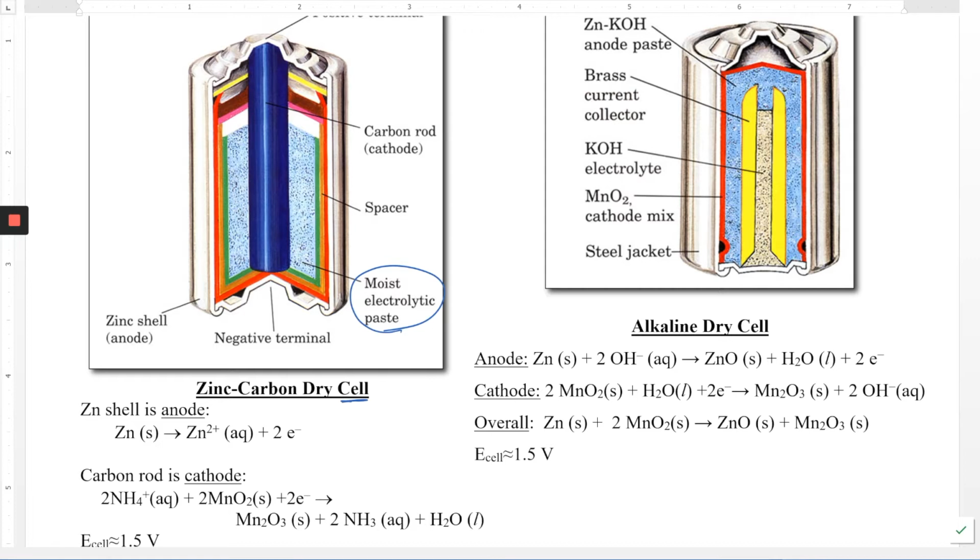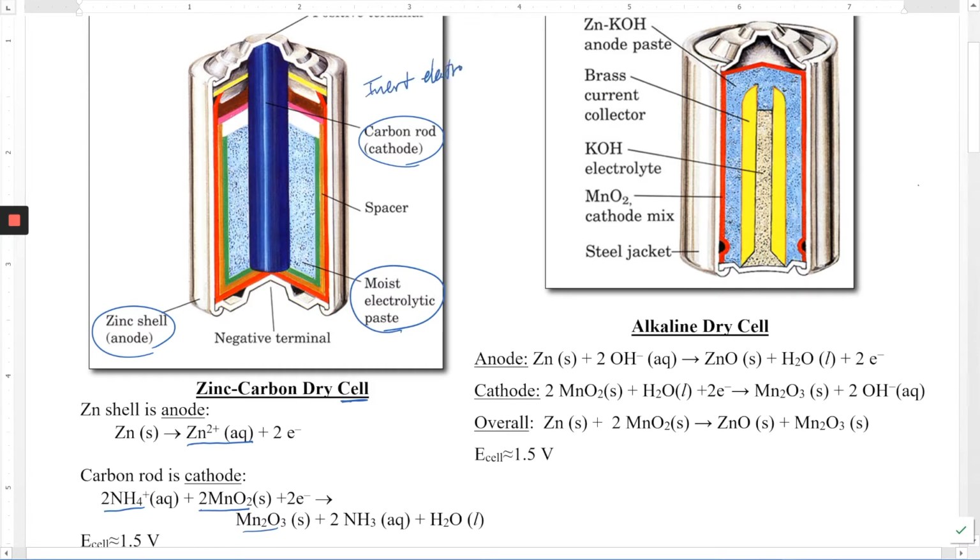So the zinc carbon cell consists of a zinc shell as the anode, and that zinc shell is oxidized to zinc 2+, and at the cathode, ammonium and MnO2 are going to be reduced, so the MnO2 is going to be reduced to Mn2O3, and that takes place at this carbon rod, which is an inert electrode.